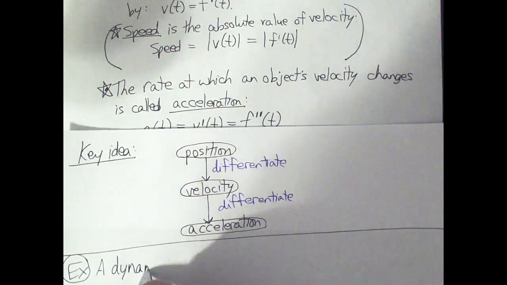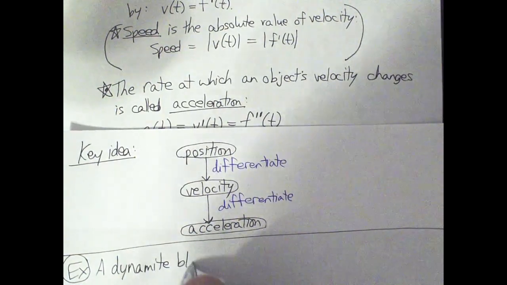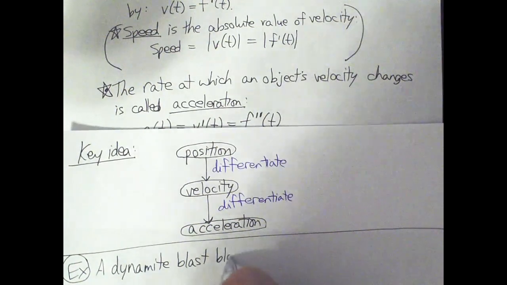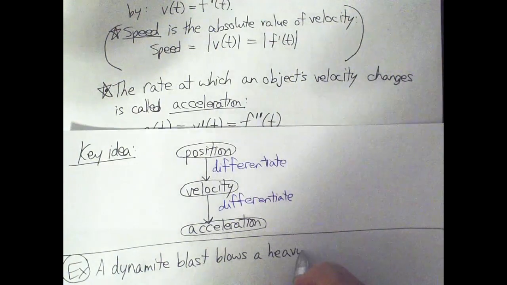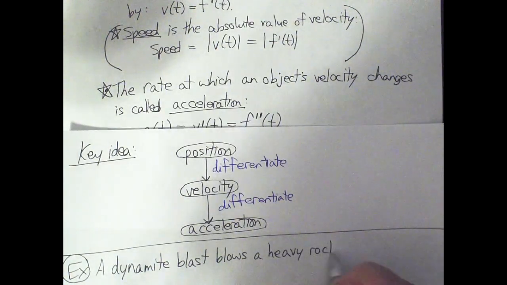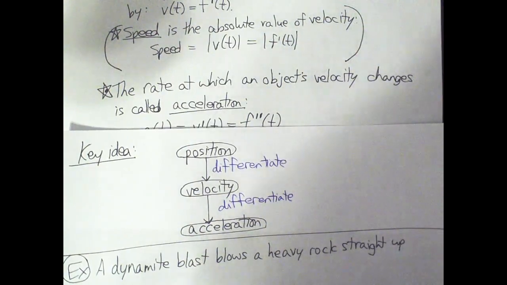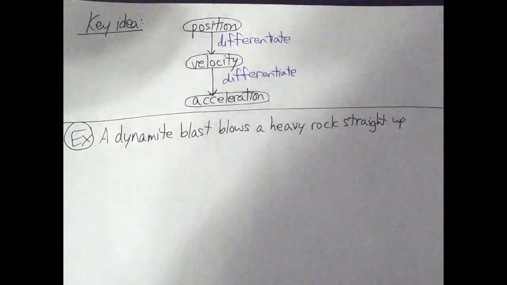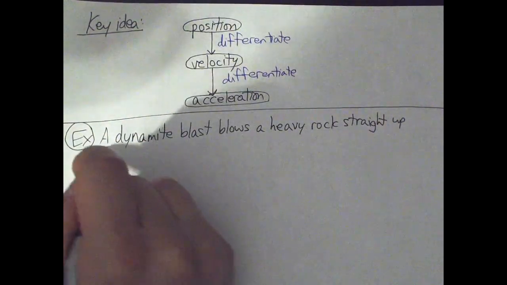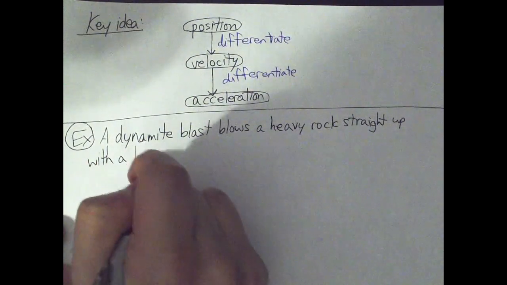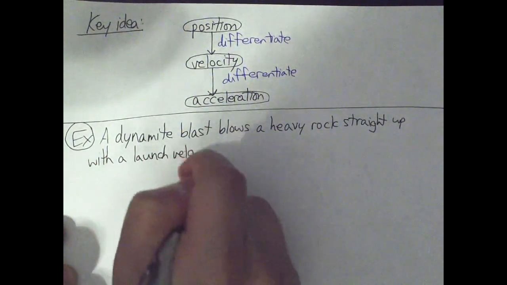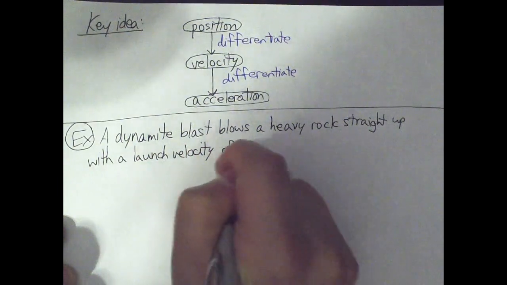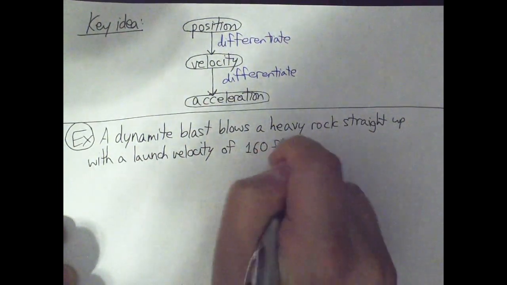All right, a dynamite blast blows a heavy rock straight up with a launch velocity of 160 feet per second.